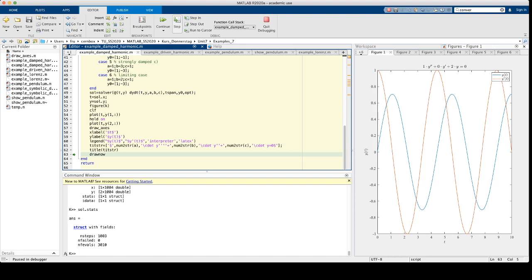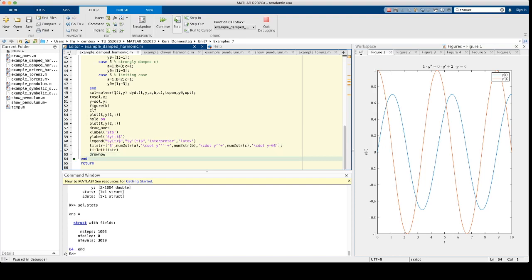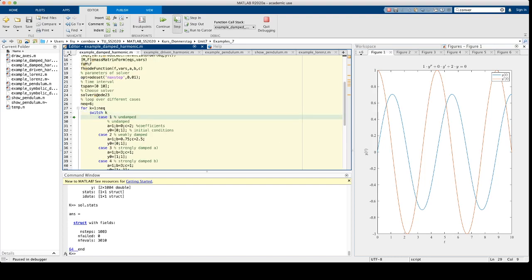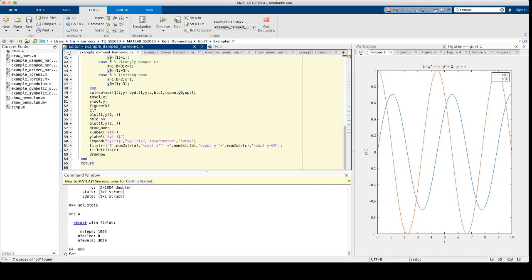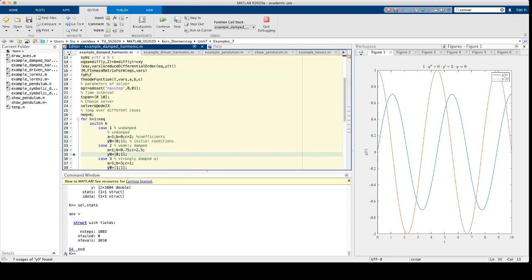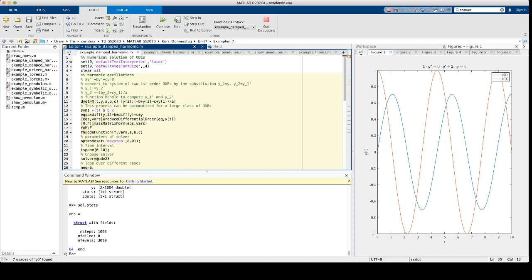Okay, let's go on to the other examples, a weakly damped oscillation. I will now put a breakpoint in line 63 and just go to the results.